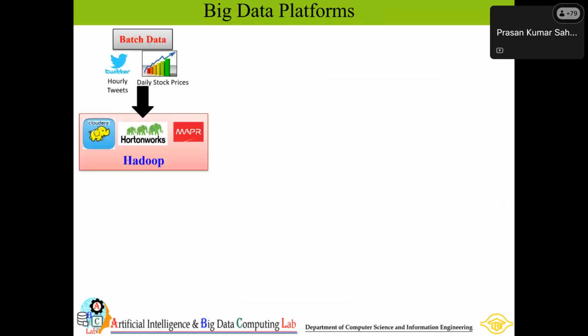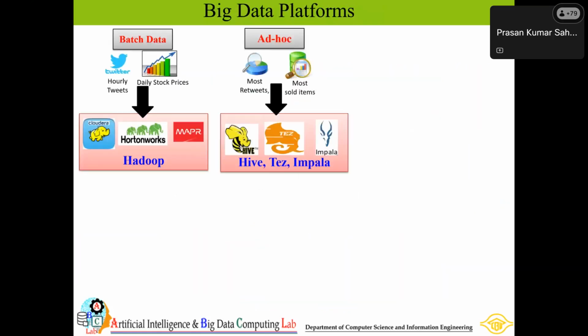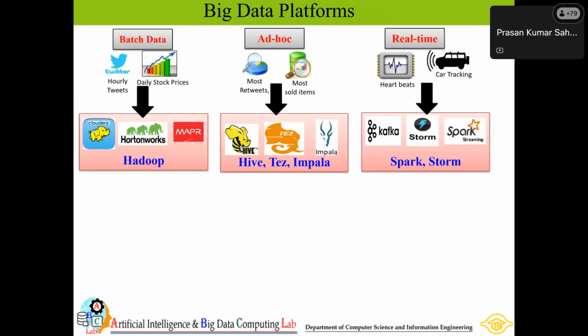And this big data platform, for the batch data, such as Hadoop, or different cloud platforms. If it is ad hoc data, such as Hive or Impala, or if it is real-time data, maybe Spark or Storm.